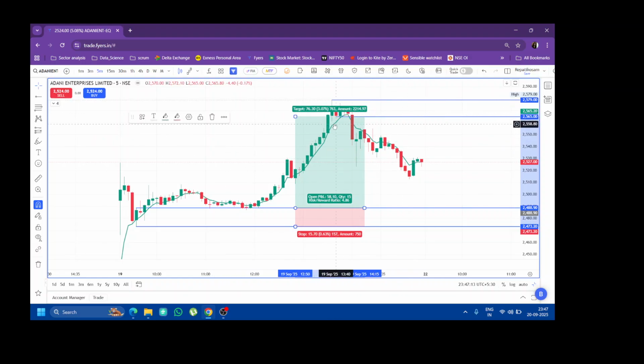Keep it at this line, whatever. So you are getting 1 is to 4, more than 4, right? 1 is to 4 you got with this trend line reversal. Why did we stop here? Because a pullback is going to come, we could see the signals.